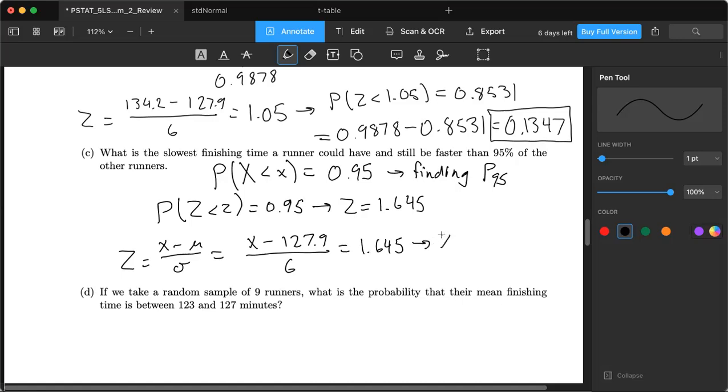So X is equal to 1.645 times 6 plus 127.9. Let me do this on my calculator real quick. 1.645 times 6 plus 127.9, and this is equal to 137.77 minutes.